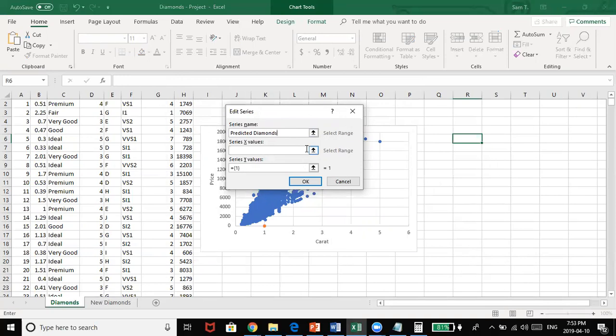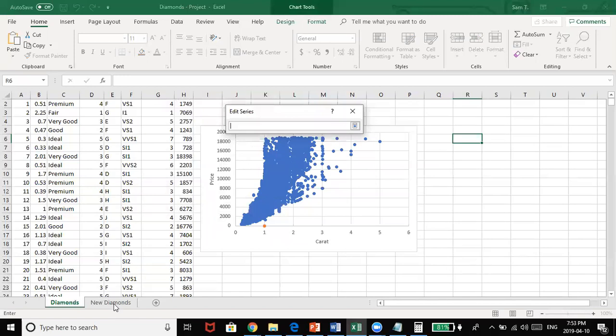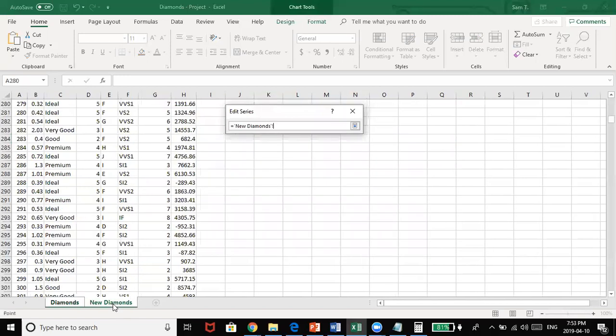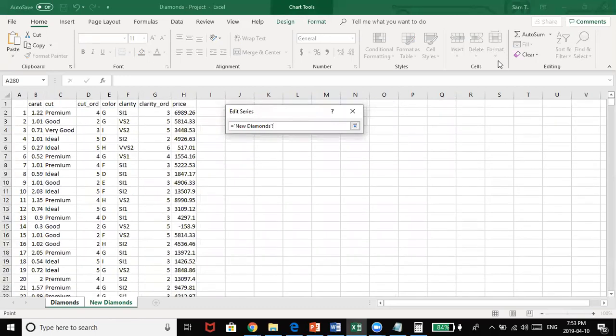You would want your terminologies to reflect what you're trying to have on the chart. That way, it's easily understood by anybody who is seeing it. On the x-axis, we can go to the new diamonds table, and we select the weight again.